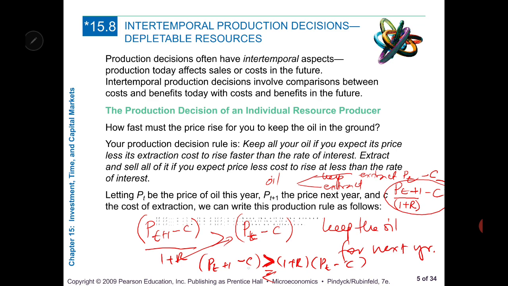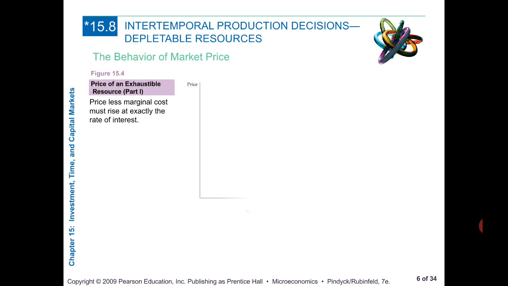Okay, so if cost is constant, then no need to consider it, just decide based on what you think the price will be. You expect the price will go up or fall in the year after this year. Okay, so that is the science of decision making in renewable or depletable resources, because you know that once you invest, you make that expenditure, the effect will be on your future stock.